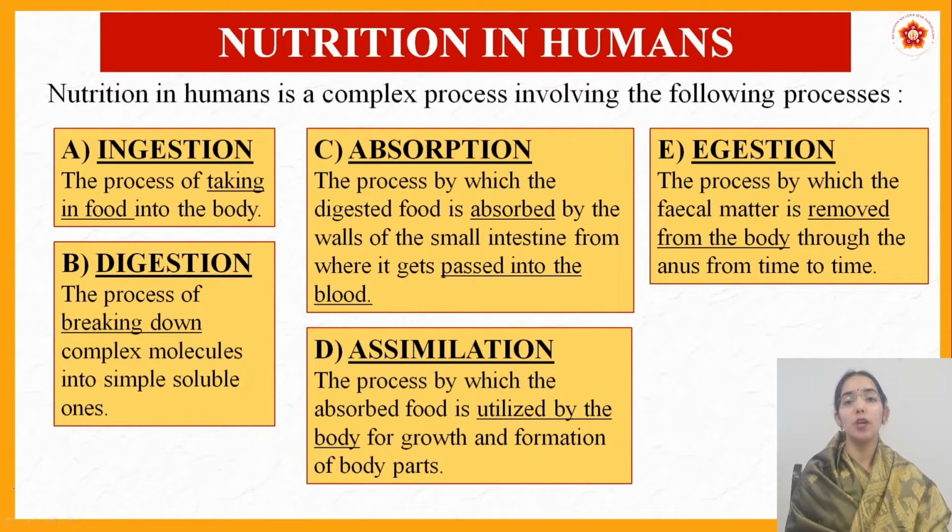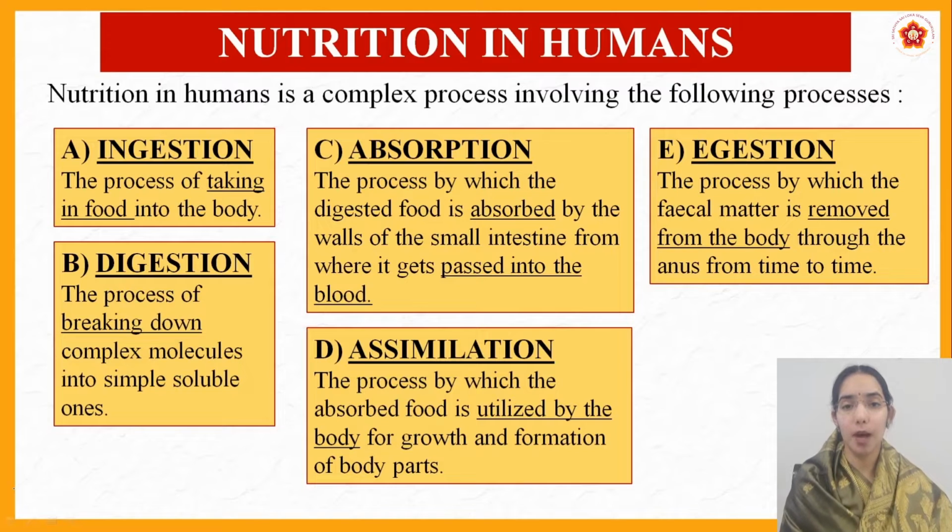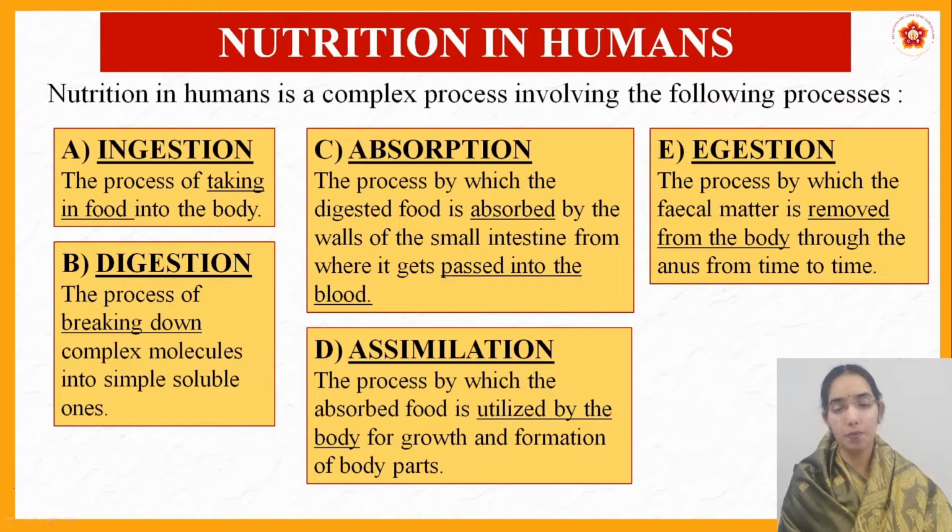So what is included in nutrition when it comes to humans? It involves these five processes. That is taking in food, which is called ingestion. Then the food is digested, that is digestion. Then the digested food is absorbed. This process is known as absorption.